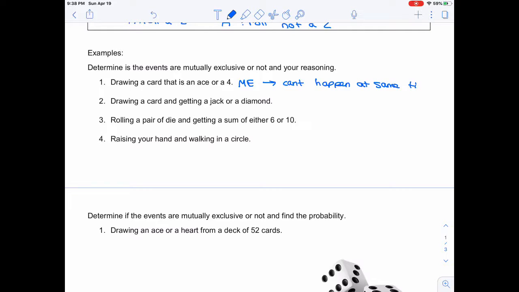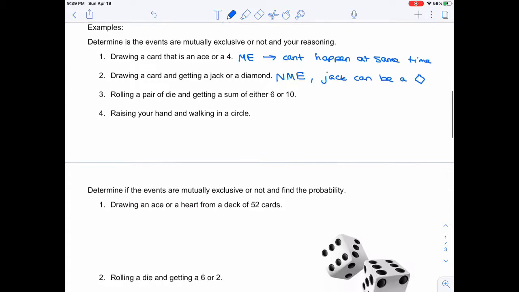An ace can't be a 4, and a 4 can't be an ace. All right, for drawing a card and getting a jack or a diamond, this can happen at the same time, so it's going to be not mutually exclusive, okay? And again, our reasoning would be a jack can be a diamond. In fact, there's one jack of diamonds in a deck if you want to be really specific.